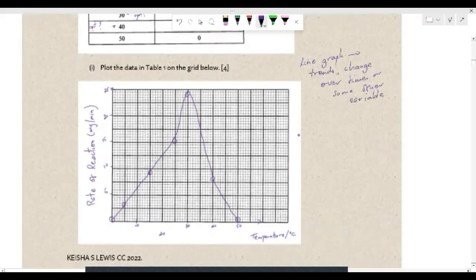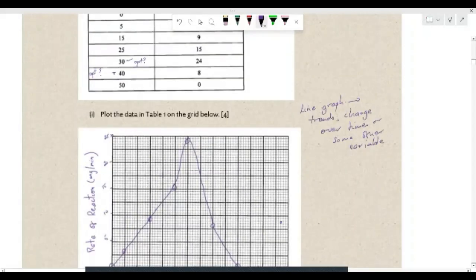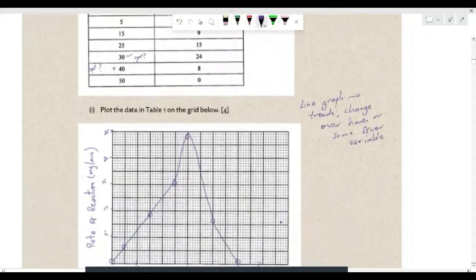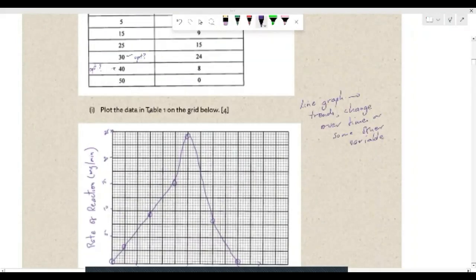One of the first things, well, we already figured out what the x-axis was. We had already figured out what the rate of reaction is. Note that we make sure to put our title for our axes, and we put our units, etc. Now, from what I remember with this paper, the way the grid was set up, it didn't really give much space for a graph title, especially given they just asked you to plot the data.